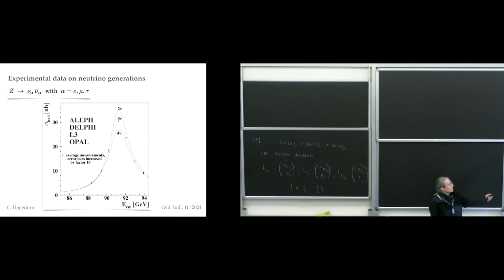I mean the ones that are lighter than half of the Z boson mass, because otherwise you would not have this decay channel, and obviously they should couple to the Z boson, and here it's assumed that they couple exactly like what we would predict from the standard model. So you see there is a perfect fit to the fact that there are 3 of them, which makes us believe that there are 3.